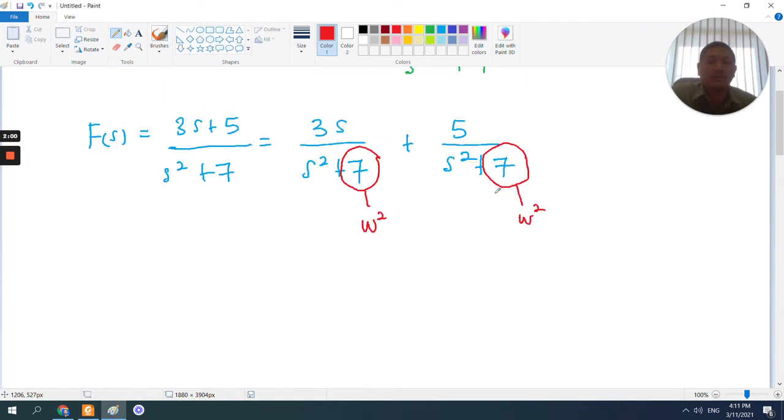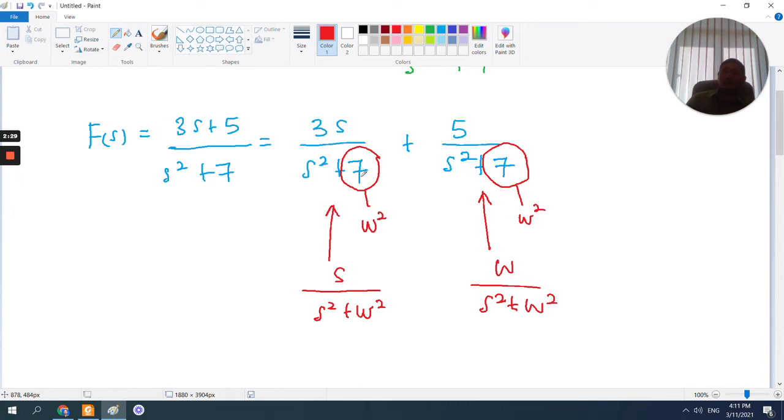So here we are going to transform this into s over (s squared plus omega squared), and this into omega over (s squared plus omega squared), right? But we need to change 7 into some value that is squared.